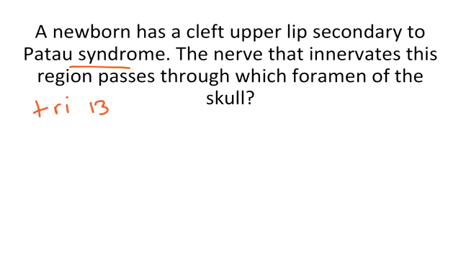And this results in several abnormalities, including a cleft lip. In order to get this question right, we need to remember what nerve innervates the upper lip. Remember, the upper lip is innervated by the maxillary branch of the trigeminal nerve.